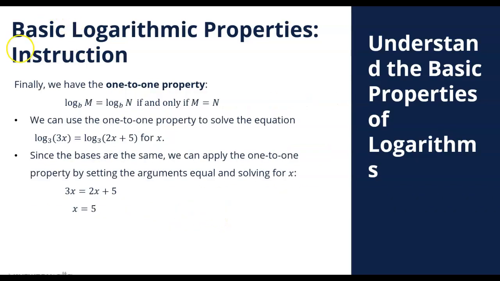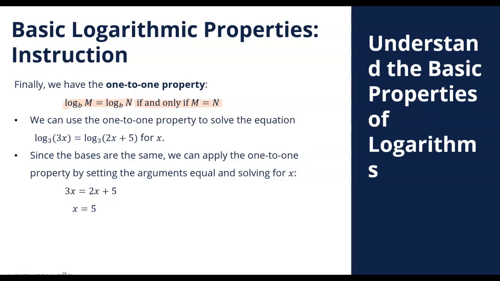Finally, we have the one-to-one property. This states that if you have log of m base b equal to log of n base b, this statement is true if and only if m is equal to n.